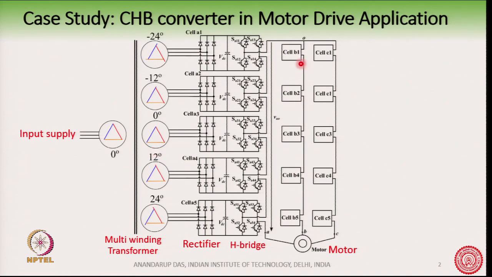And this is the input supply, and then there is an extended delta multi winding transformer, and each secondary is connected to a 3 phase diode bridge rectifier which forms the DC link, and then you have the H bridge here, which are then connected in cascade and feeds the motor. Very briefly we will see how we can choose electrical components in this diagram.